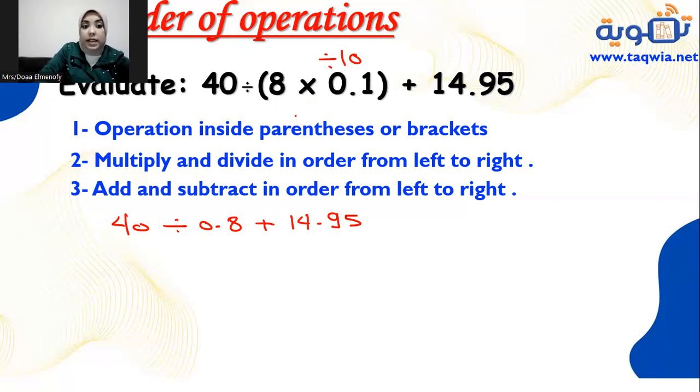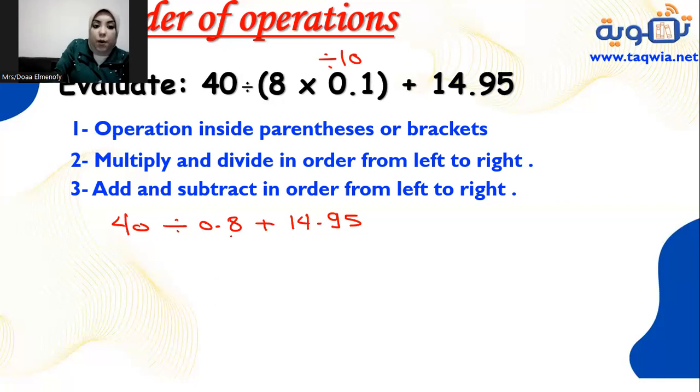The next one: do we have multiplying or dividing from left to right? Yes, so we have to divide. So it's 40 divided by 0.8. It's division by a decimal, so we have to remember how to divide by a decimal. I told you, if the divisor is a decimal number, we have to convert this divisor to a whole number.